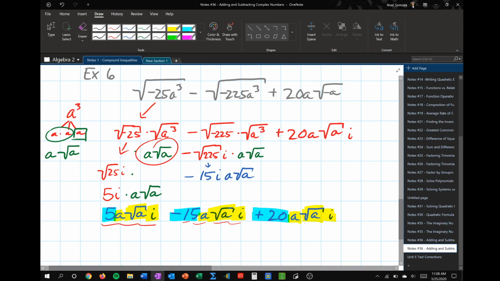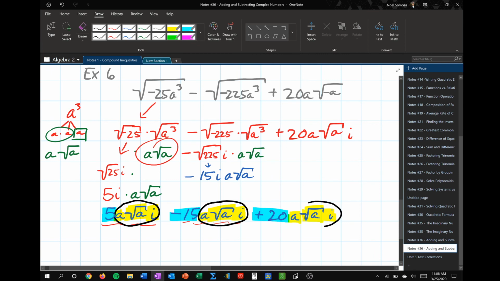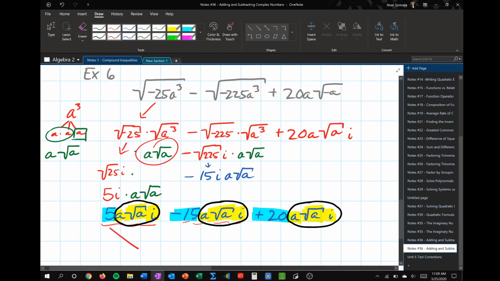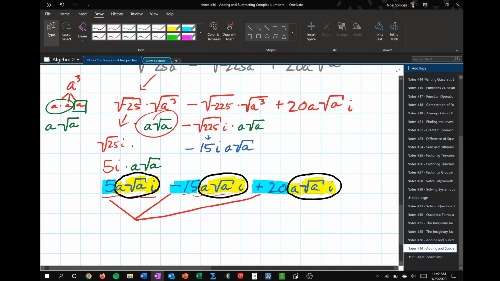That means they all basically have the same variable, which means you're allowed to do what with the coefficients? You can combine them. So 5 minus 15 plus 20, right? Combine those coefficients together, that's going to give you a positive 10.